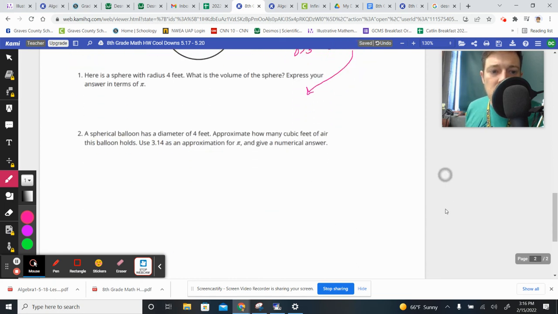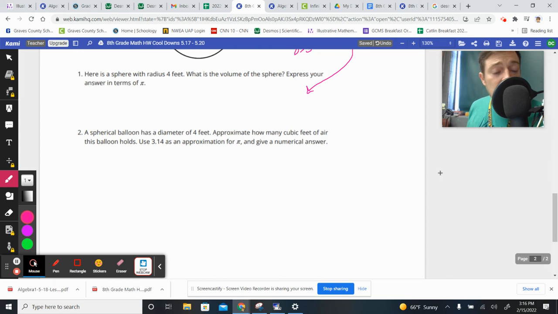And then on number 2, it's not a different shape. It's just a different size. It's a balloon, and it has a diameter of 4. So instead of plugging in 4 into our formula, diameter is all the way across the circle. Thus, this particular sphere has a radius of 2.